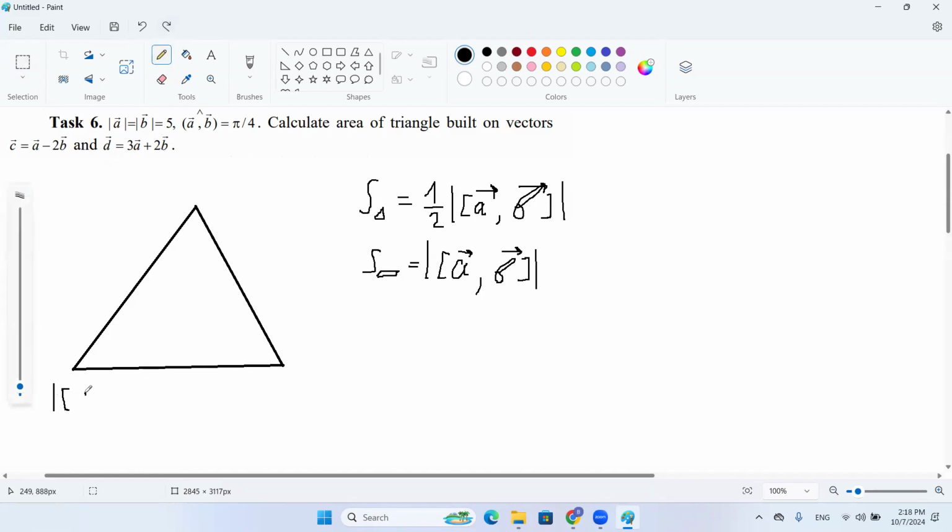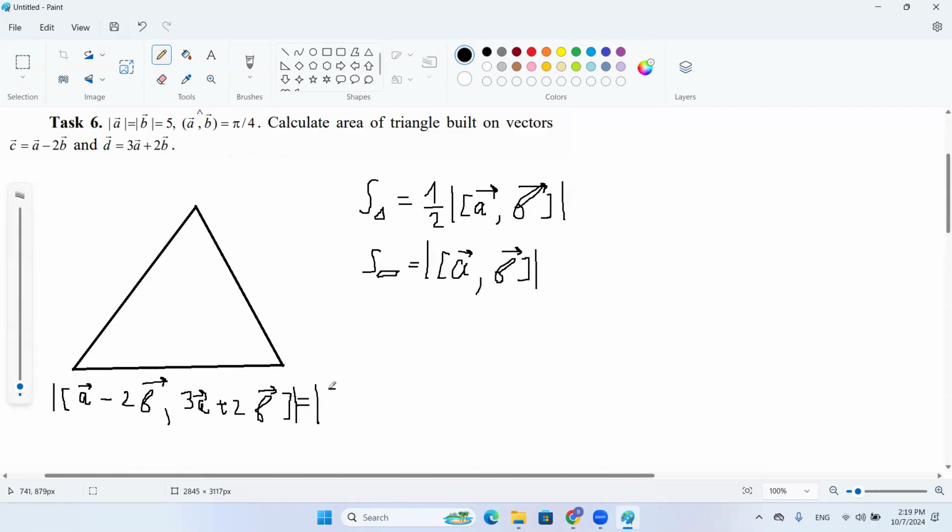Okay, handwriting will be much simpler. So 3A plus 2B. By the way, we don't have a lot of time to solve it. To get the final result, we need to calculate the module of these vectors. But okay, let's do it quickly.